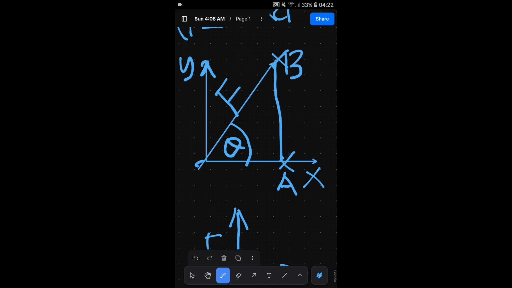This is a side that is directly opposite, and it is a vertical side.